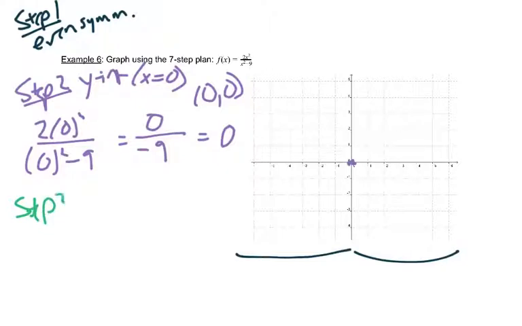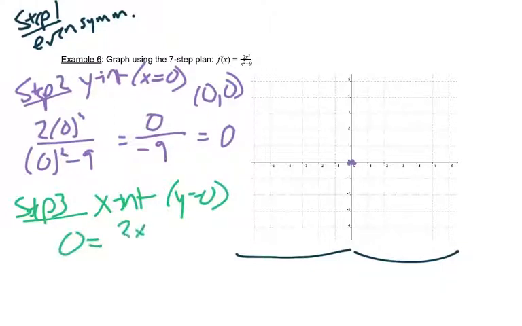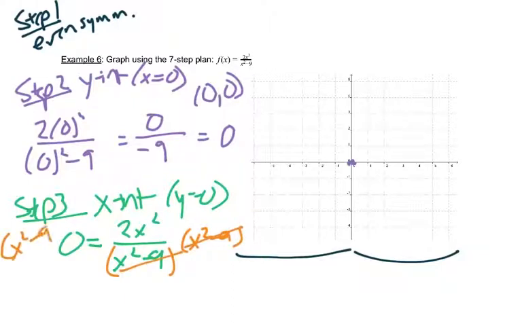Step 3 is the x-intercept. Remember, this is where we make y equal to 0. So we'd have 0 equals 2x squared over x squared minus 9. We'd want to multiply both sides by that denominator to cancel it out. And on the left, that gives us 0 equals 2x squared.